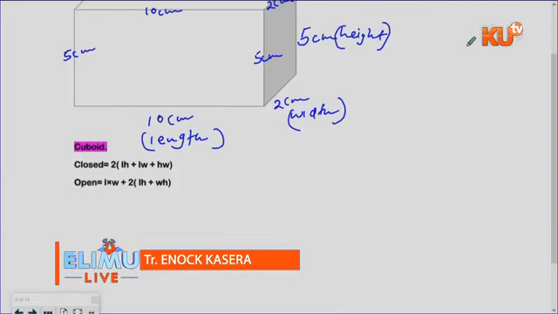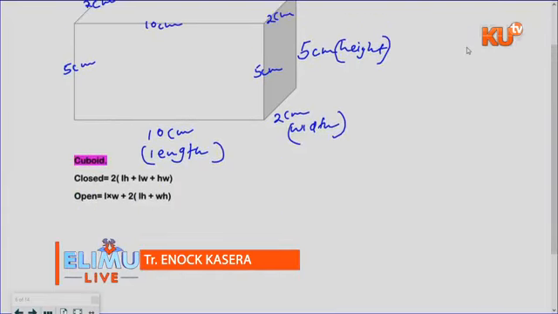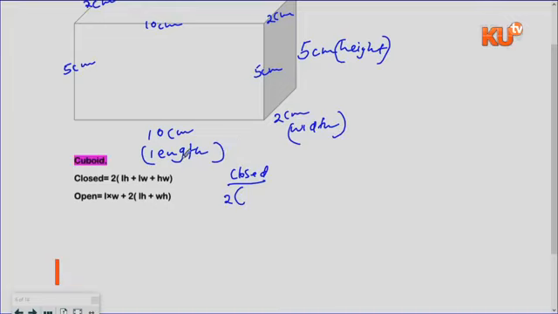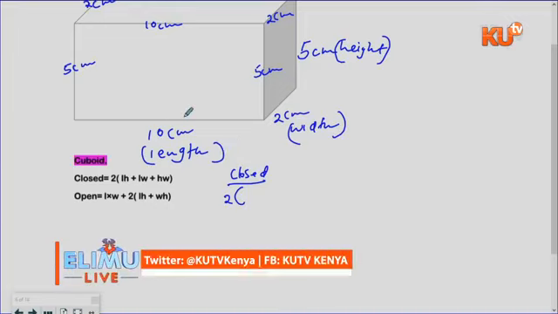According to the formula that I've just written here, for the closed, you take 2 into bracket, length times width. So we have this face here, the face that is facing us. We have 10 and 5. Those are the measurements of this face. So that is what I want us to multiply. 10 times 5. Then plus.